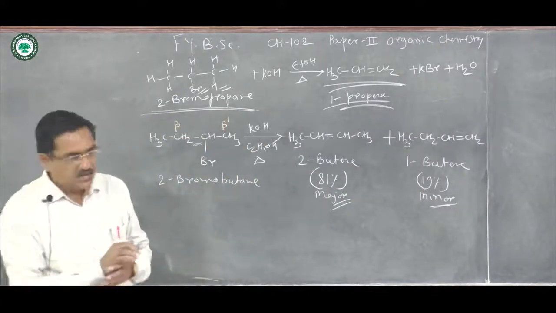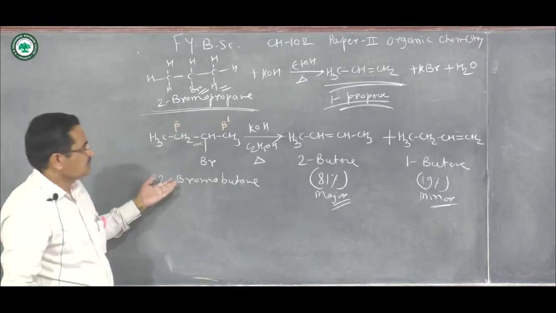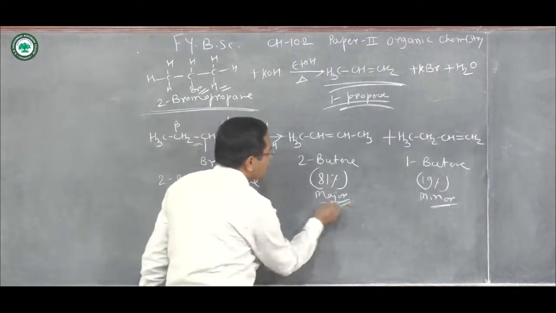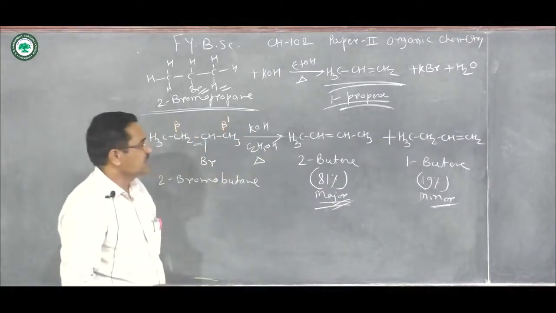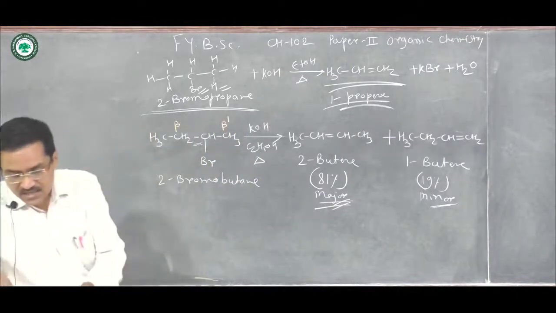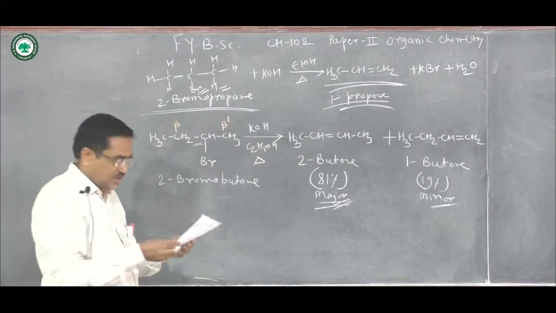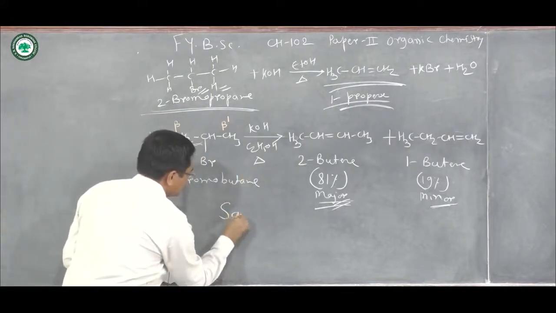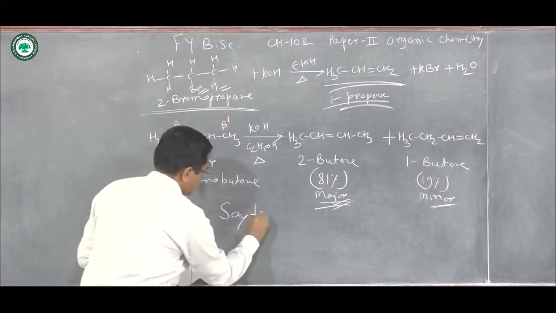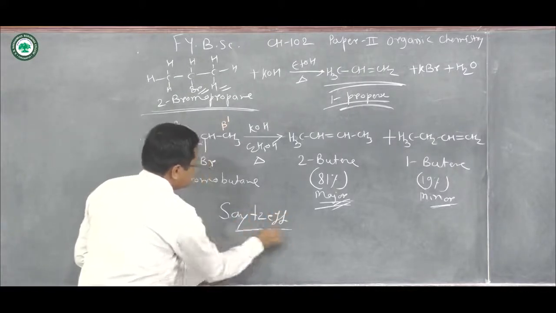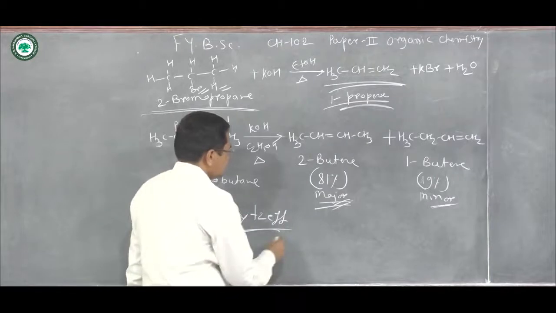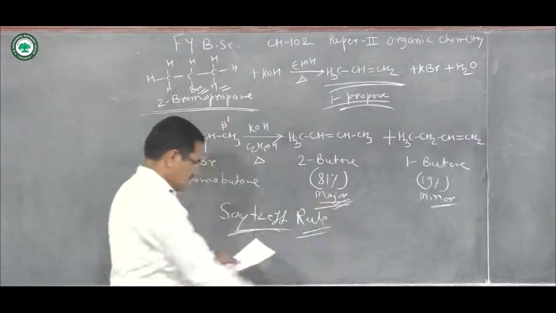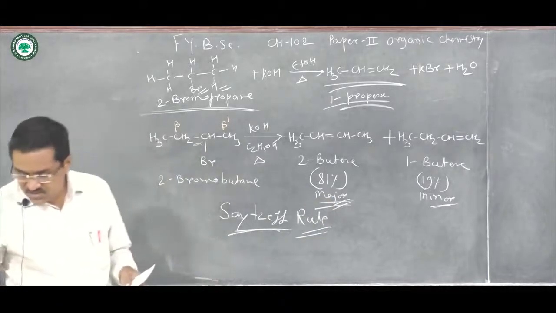Each time the more substituted product has the higher or major yield, and this is explained by the scientist Saytzeff, and hence this rule is called Saytzeff rule. What happened in this case?